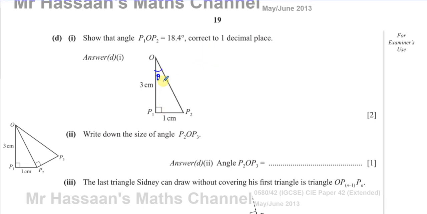Here that's the opposite, that's the adjacent, it's a right angle triangle. So we can say the tangent of theta is equal to 1 over 3. So theta is equal to inverse tan of 1 over 3.